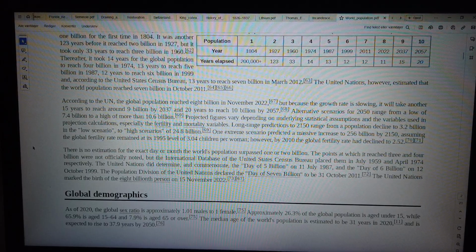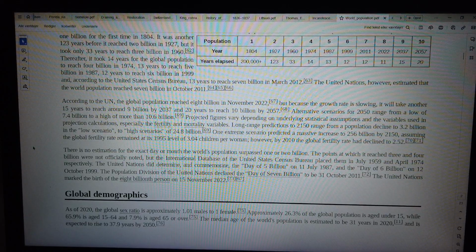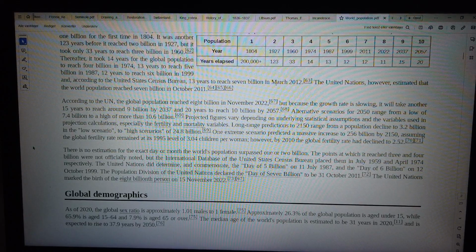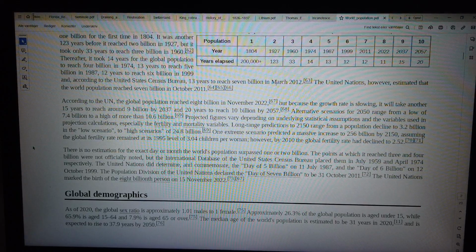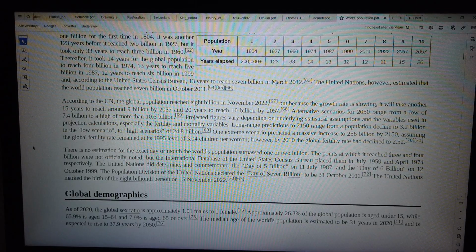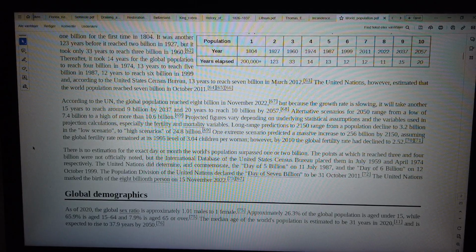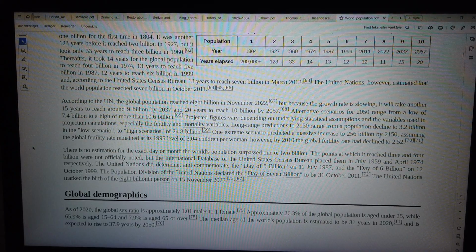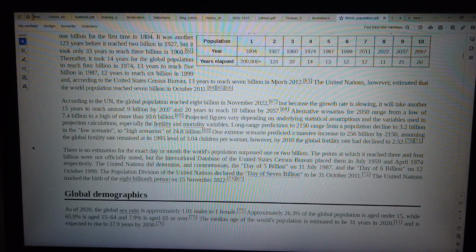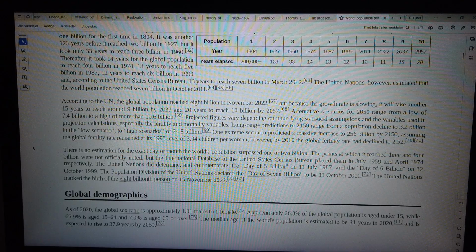70. There is no estimation for the exact day or month the world's population surpassed 1 or 2 billion. The points at which it reached 3 and 4 billion were not officially noted, but the International Database of the United States Census Bureau placed them in July 1959 and April 1974 respectively.